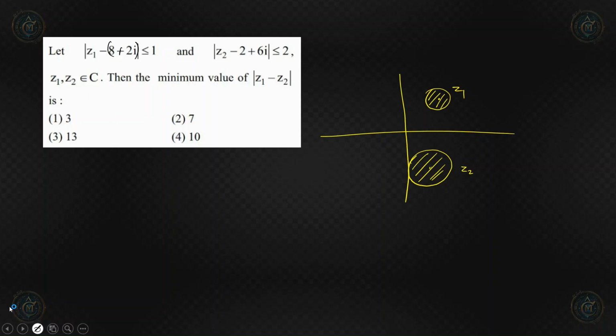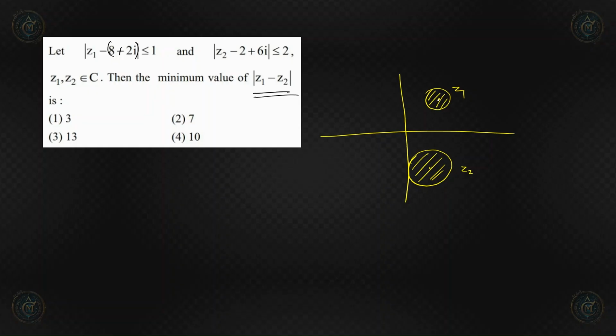Then the minimum value of mod of Z1 minus Z2. Okay, so this we have to find. So tell me, when will this minimum distance occur? Right, this is nothing but the distance between Z1 and Z2, right? So when will this occur? This will occur when they are along the line joining the centers of these two disks.